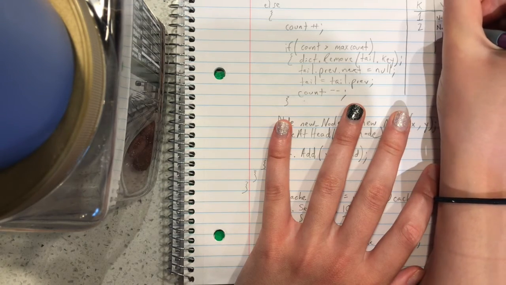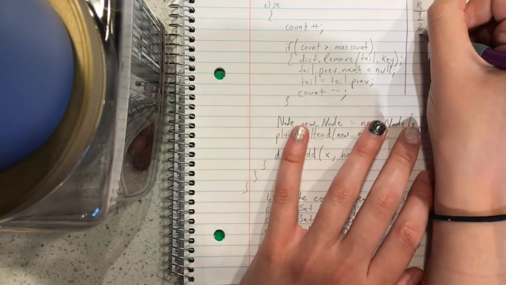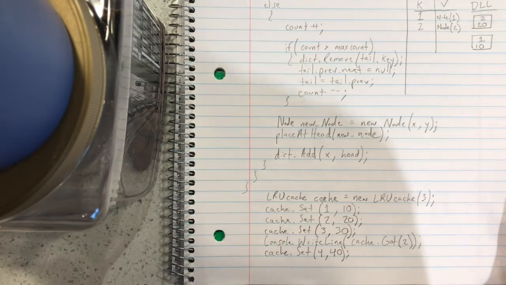And the location of this node is stored here. Now 3 comes in.